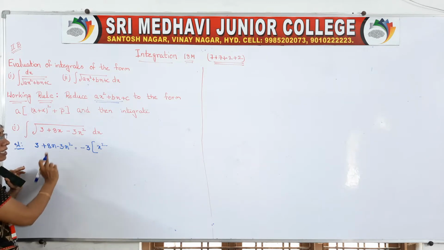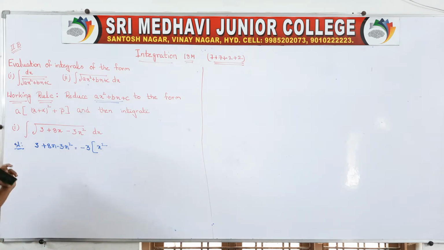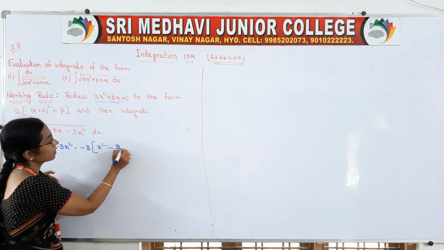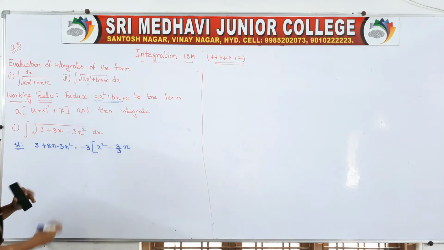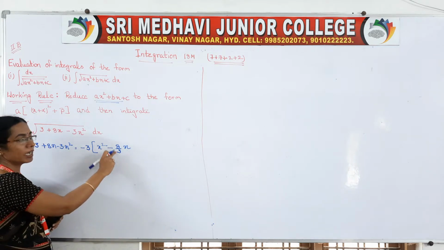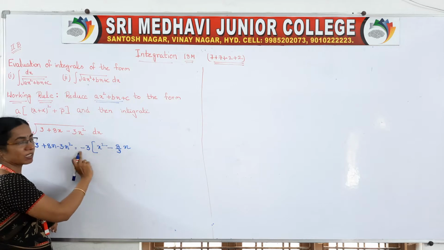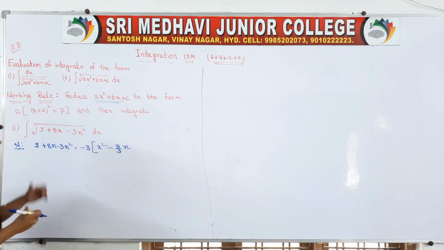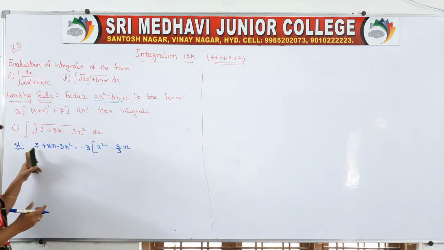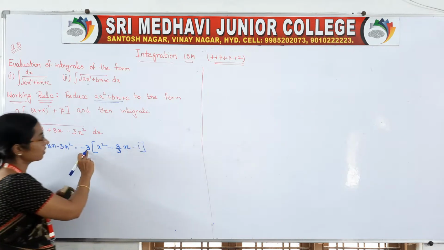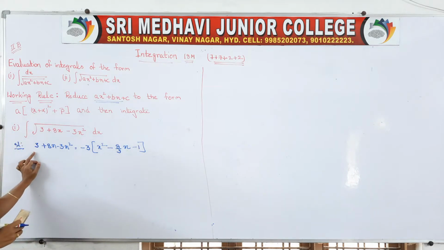Here 8x is there, I have taken minus 3, so what happens to your value? It will be minus 8 by 3x, isn't it? Multiply minus 3 into minus 8 by 3, 3 will get cancelled, minus of minus 8x will be there. Now minus 3 is taken outside, but here 3 is there, so minus 1. See, minus 1 into minus 3 is plus 3.